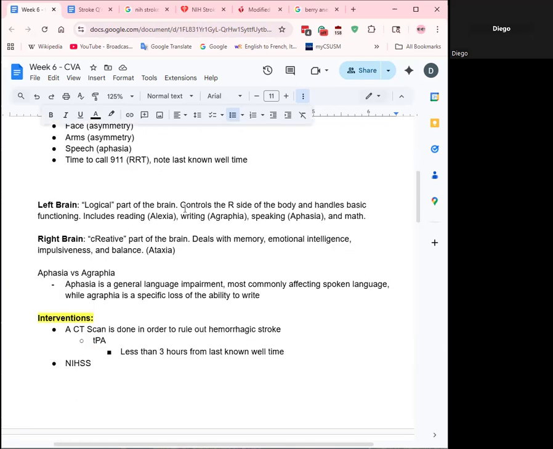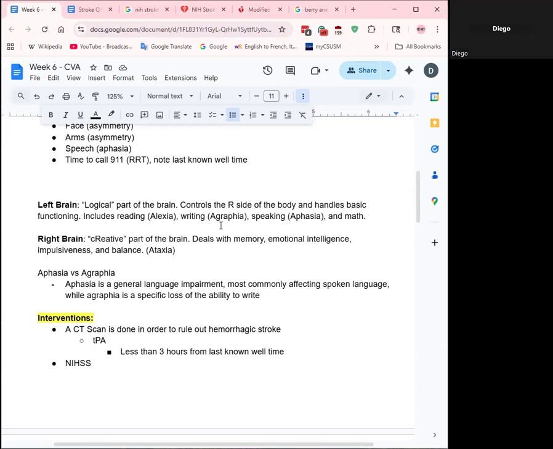Okay. Now, going over the differences between a left-sided stroke versus a right-sided stroke, to try to keep it simple, I like to think of the left brain, L for left, as the logical part of the brain. This one handles a lot of the basic functioning like reading, writing, and speaking, and logical processes like doing math.